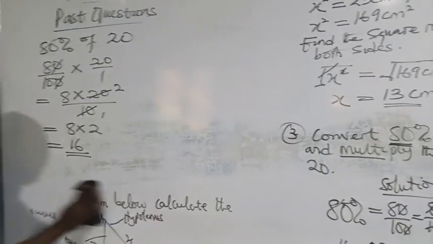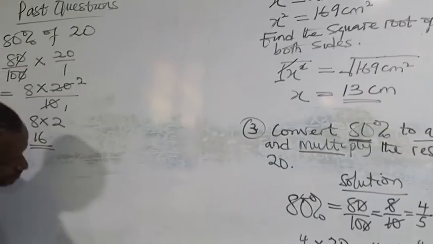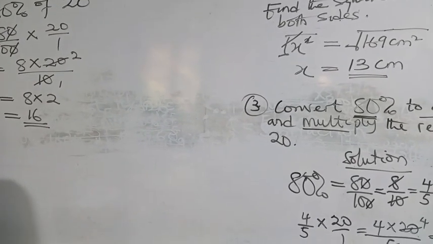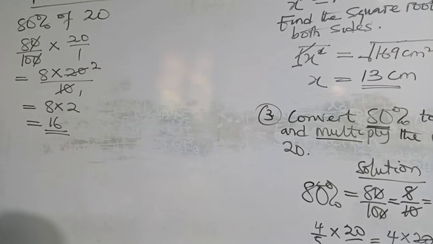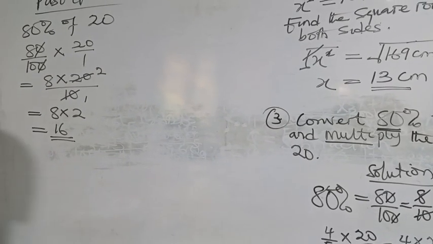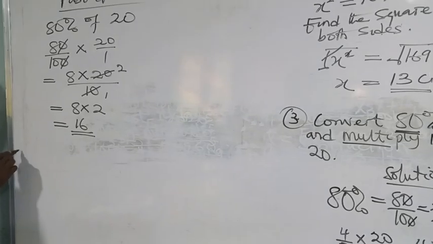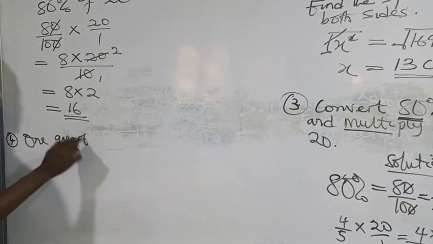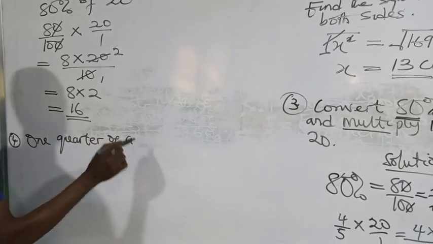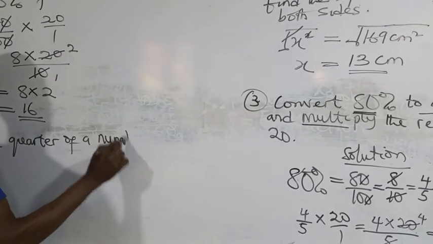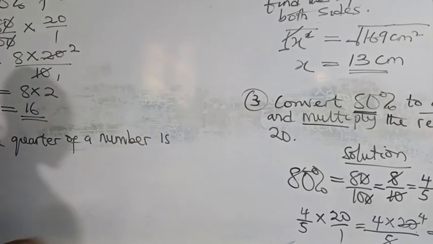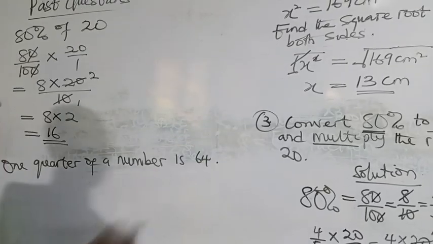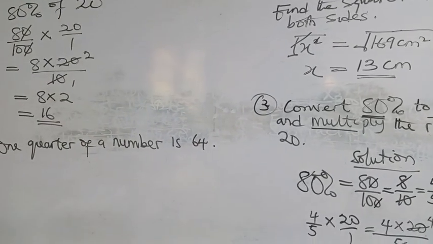Now let's look at another question. One quarter of a number is 64.